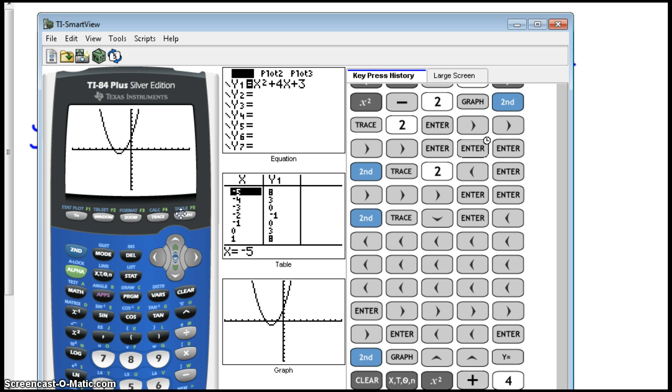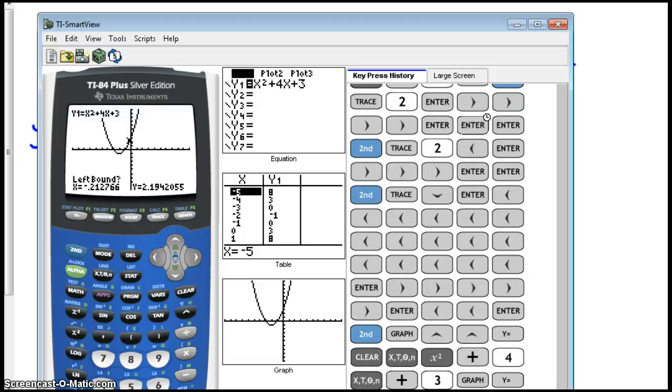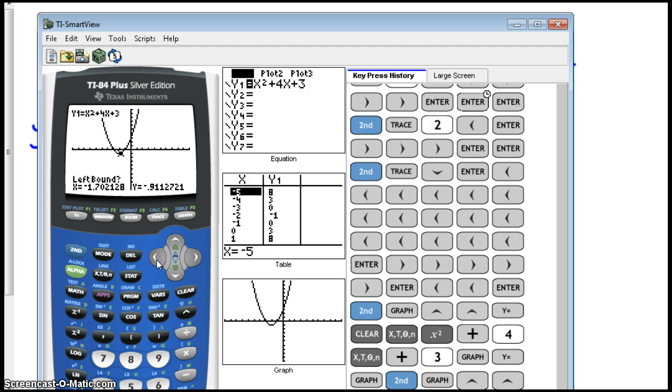The steps to do that are to hit our second and our trace button for second calculate, and then we hit the 0 button, number 2, and hit enter. Then it's going to ask us left bound, and we want to move the cursor to the left of the 0. So always from left to right on our graph.